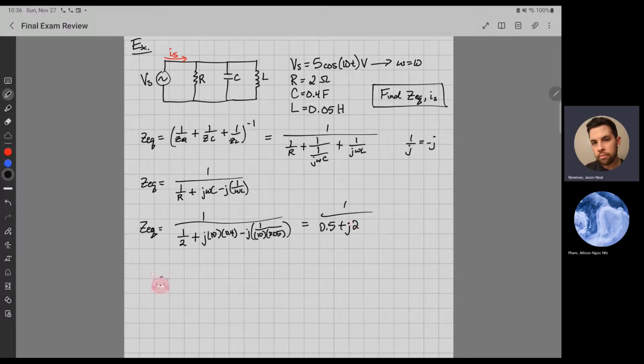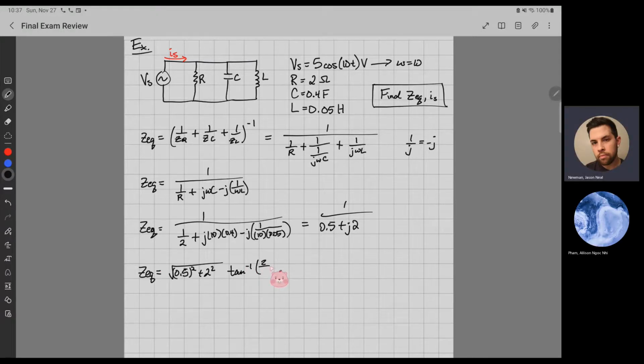So that's going to be Z equivalent is equal to, let's just do this. So 0.5 squared plus 2 squared, because that's x and y. And then we're going to have inverse tangent.